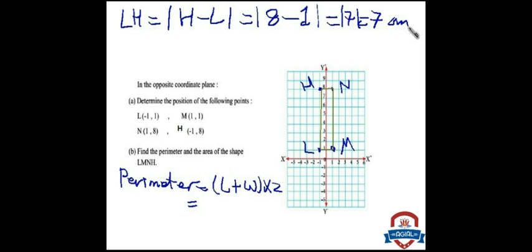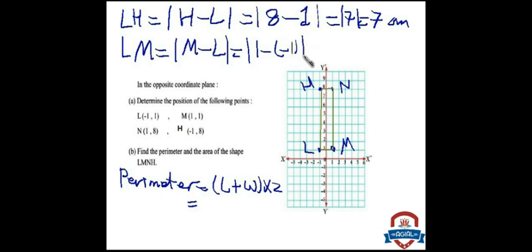Now we have to find the width. The width of this rectangle equals the length of line segment LM. The length of line segment LM equals the absolute value of M minus L. M equals 1 and L equals -1.